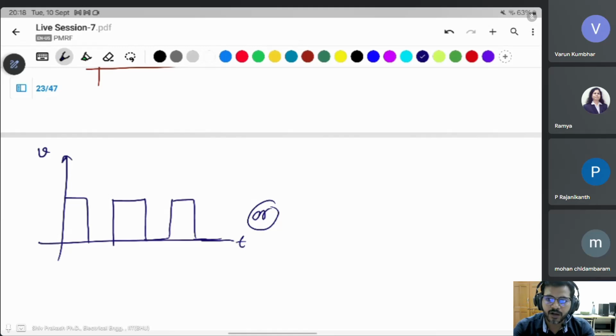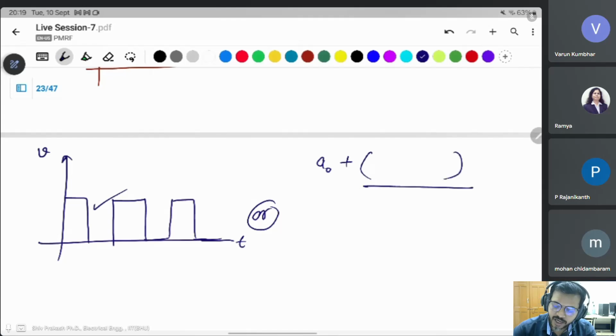It means there is a naught, the average value of that signal. After that there are sine and cosine terms. These sine and cosine values are known as the AC signal, the harmonic signal, and there is an average. After that, all the quantity is considered as AC, a variable quantity, and harmonics.